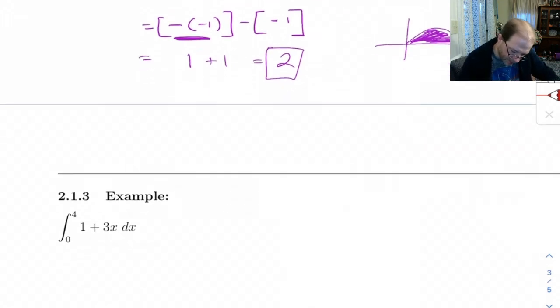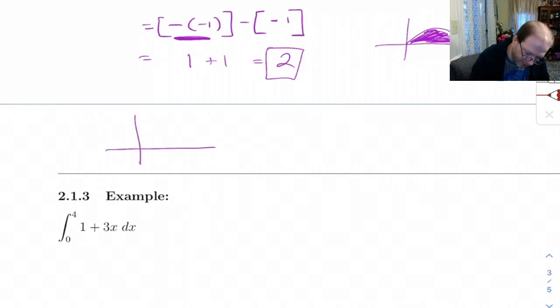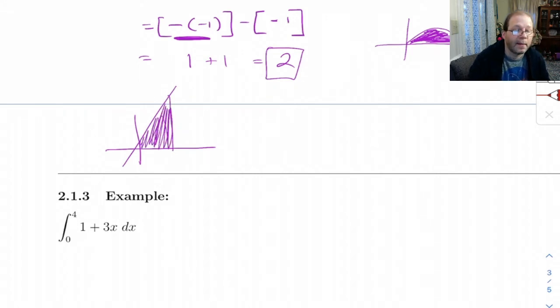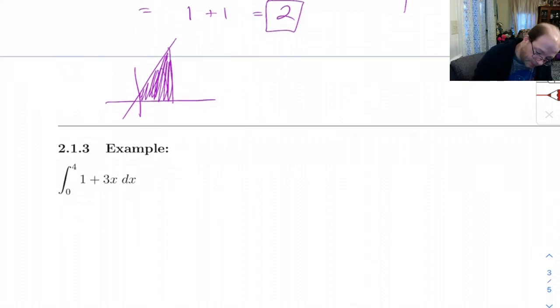All right, let's do this next one. 1 plus 3x, from 0 to 4. This is one that we could do using geometry because that's going to be this trapezoid in here. But let's do it with the fundamental theorem. If you integrate 1, you get x. If you integrate 3x, you get 3/2 x squared, again from 0 to 4.